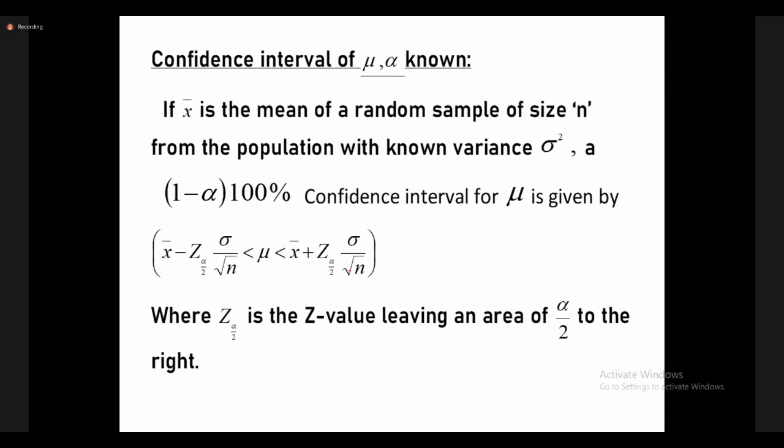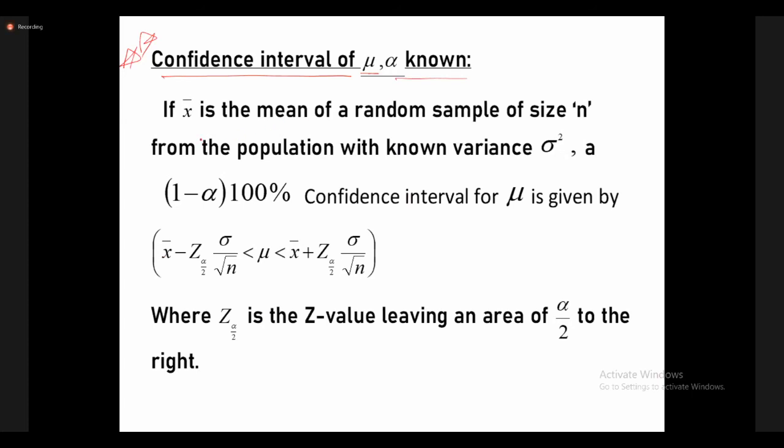All of you see, this is a very, very important formula. These are the formulas for finding the confidence interval. Confidence interval of the population mean mu when sigma is known.